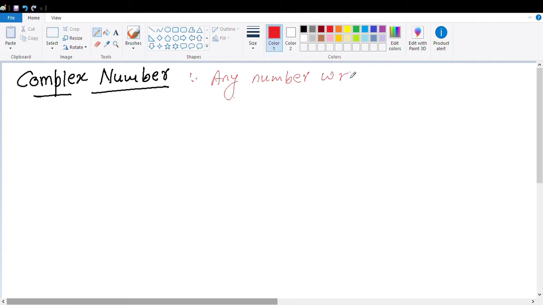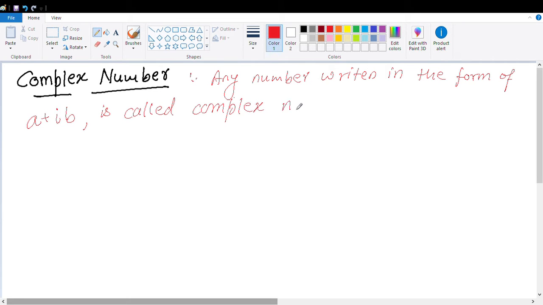Any number written in the form of a plus ib is called a complex number, where a and b are real numbers.